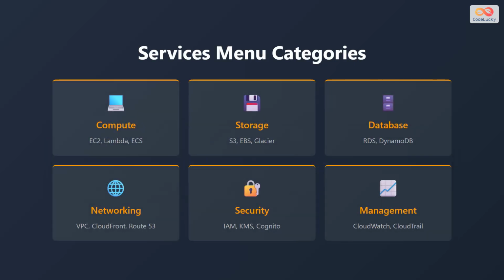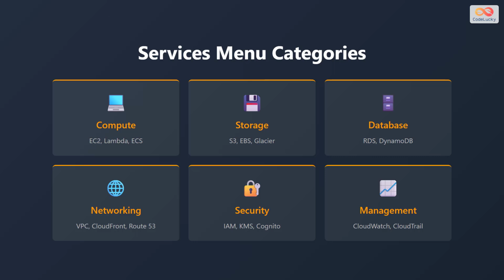When you open the Services menu, you'll find AWS services organized into logical categories. The Compute category includes services like EC2 for virtual servers, Lambda for serverless functions, and ECS for container management. Storage services include S3 for object storage, EBS for block storage, and Glacier for long-term archival. Database services feature RDS for relational databases and DynamoDB for NoSQL databases.